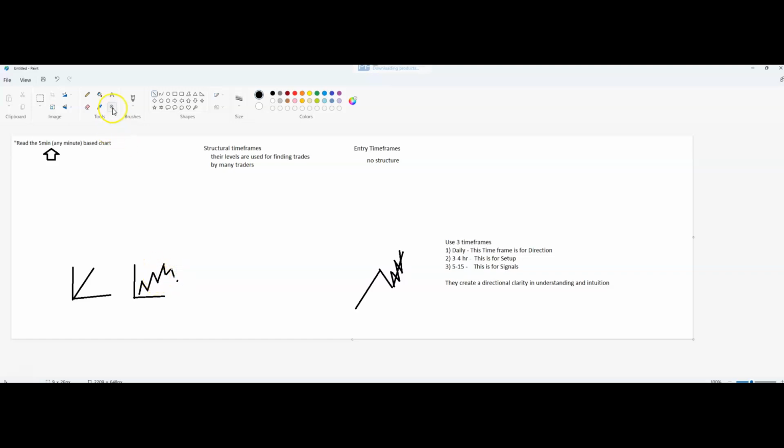And you have, for some traders, they're supply and demand type traders. So there you go. It's coming back. So that's the setup, right? So you have the daily direction up, then the 4 hour doing the setup, which is basically a retracement right down there near the low, right?